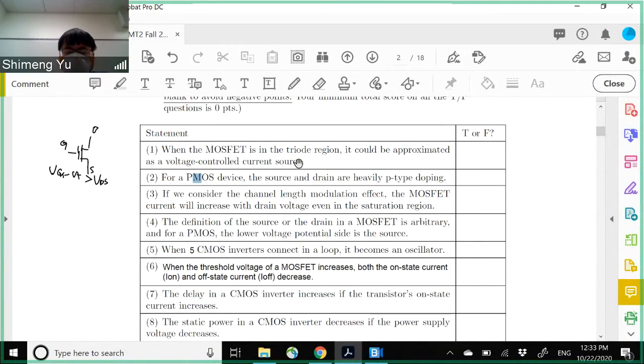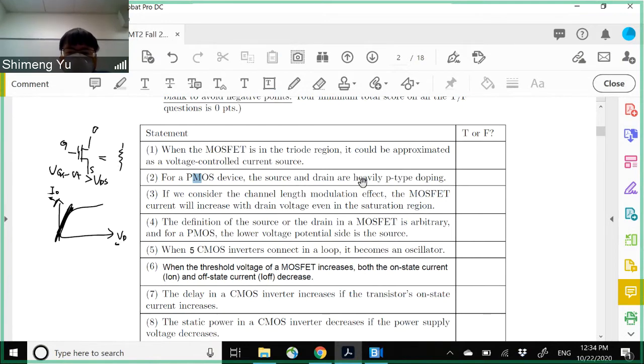If you recall lecture 9, or maybe lecture 10, when we talk about the MOSFET's 3 regions, cutoff, triode, and saturation, we see that in the triode region, if you think about the ID-VD curve, so this is the triode region, right? In this triode region, the ID is proportional to VD to the first order. If you only take the straight line here, then it's like a resistor.